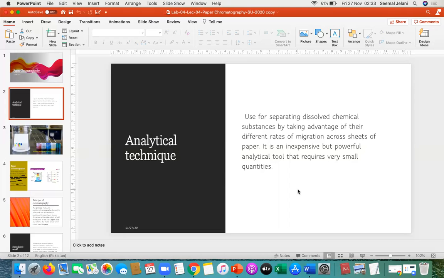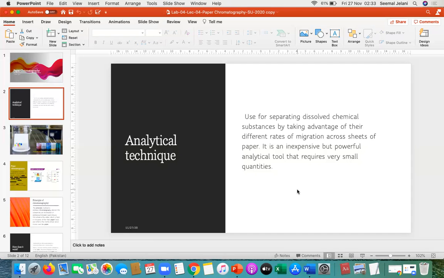So what is actually the main purpose of paper chromatography? It's a technique for separating dissolved chemical substances by taking advantage of their different rates of migration.